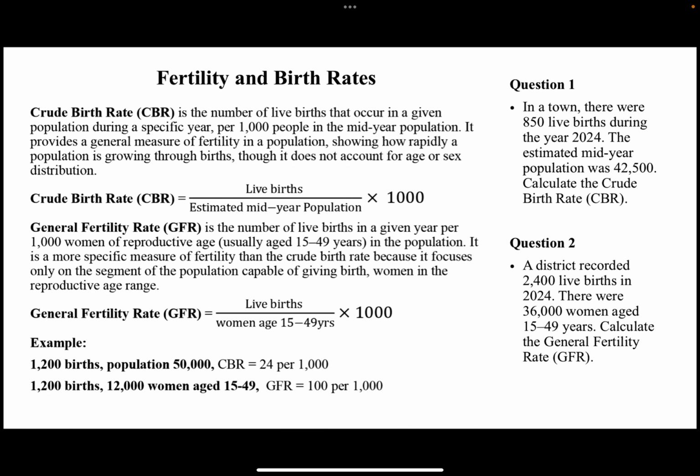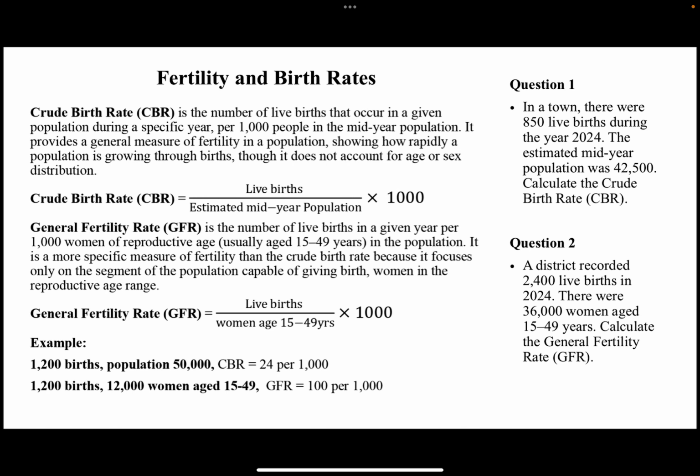It provides a general measure of the fertility in a population, showing how rapidly a population is growing through birth, though it does not account for age-sex distribution. So when we say crude birth rate, that's the live births over the estimated mid-year population, multiplied by 1,000.